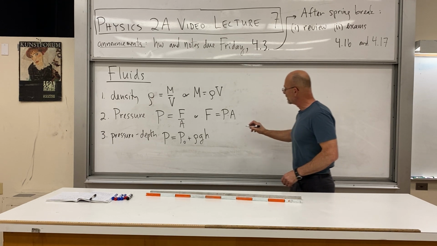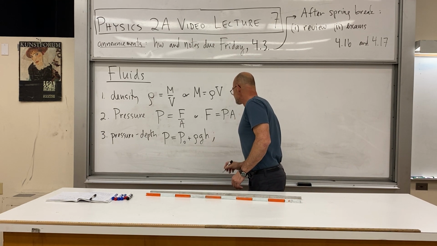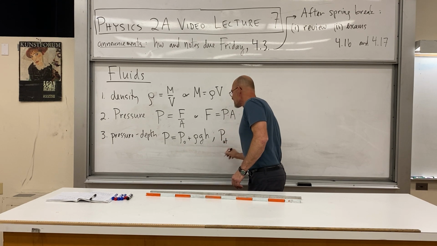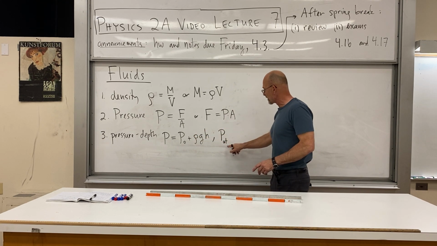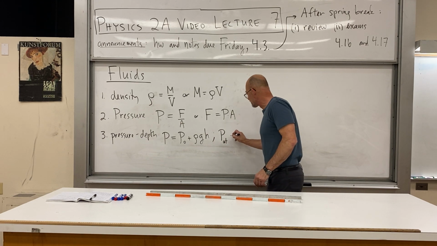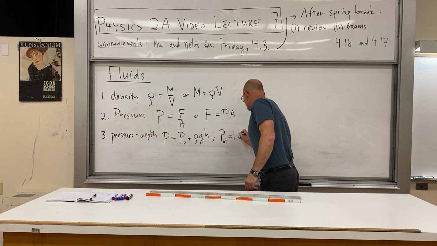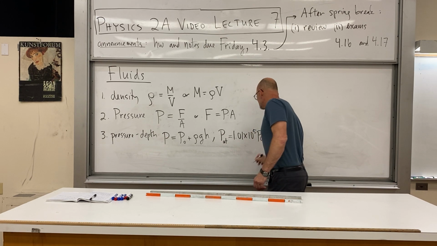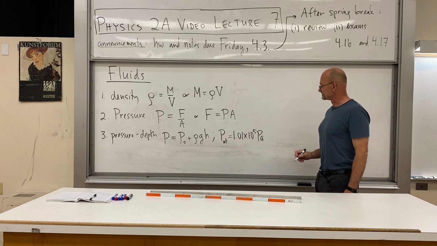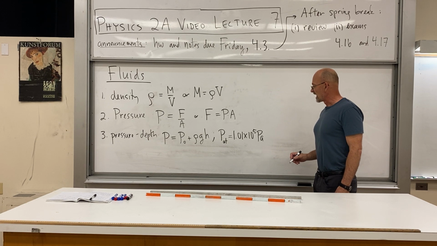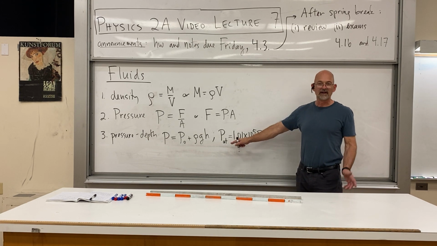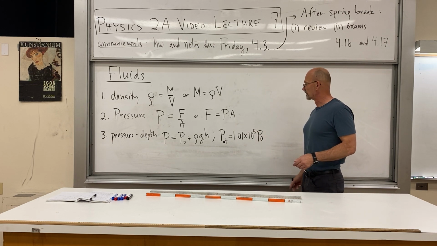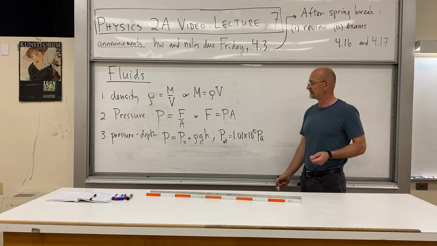And I'll put here that P0 is often the atmospheric pressure. Here I'm going to abbreviate it, P atmosphere, is 1.01 times 10 to the 5 Pascal, which is newtons per square meter. And you can tell, we're just going to use the 1 on our exam, right? We'll just use 1 times 10 to the 5, a perfect number to use. Just like we use g is equal to 10.